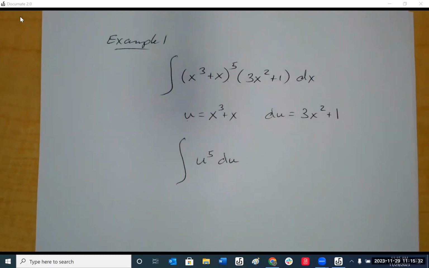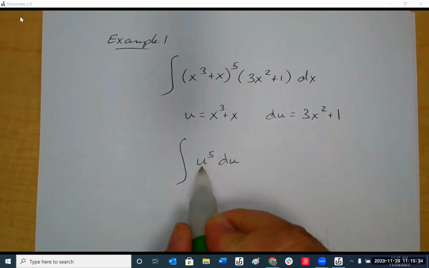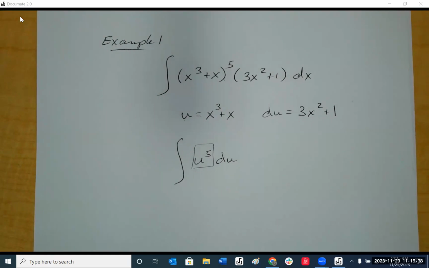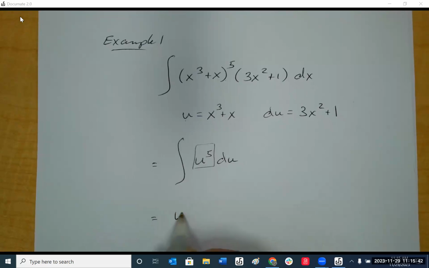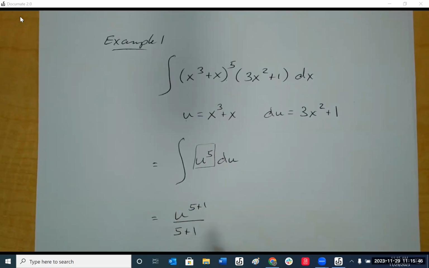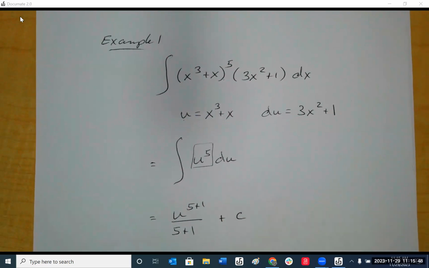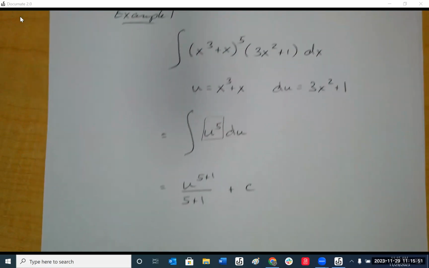So all we have to do is integrate this function. That one's going to be add one on top and add one on the bottom, plus your constant.